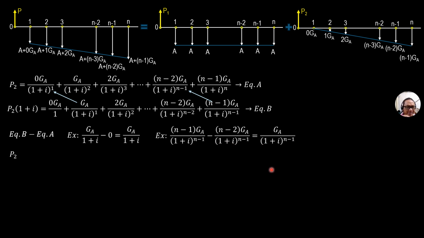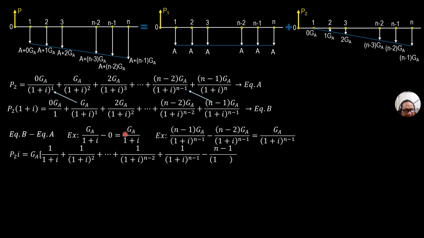So therefore, equation B minus equation A becomes P2 I equals G sub A is common to all terms, so we have G sub A over 1 plus I, this is the first difference, then plus 1 G sub A over 1 plus I square, and so on and so forth until this, G sub A times 1 over 1 plus I to the n minus 1, then minus this term which is not part of the subtraction.